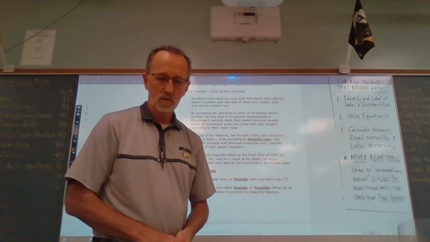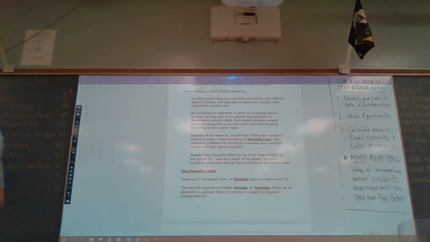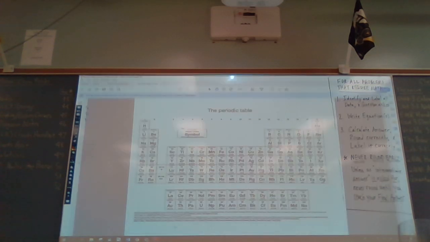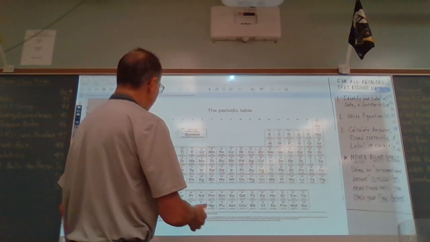All right. So let's take a look at that. Let's pull up our periodic table here real quick. There it is. All right, so again, the periods are the horizontal rows.